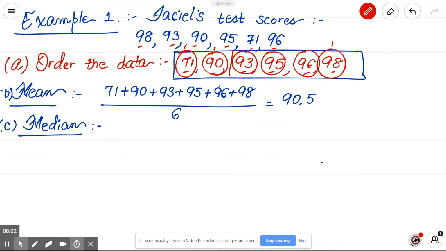So as you can see in the middle of the data set, I have 2 values, not 1. If I just have 1 value, I'll pick that as a median. But whenever I have 2 values, I will add both of them and I will divide by 2. And my answer should be 94. Right in the middle of 93 and 95 is 94. All right.